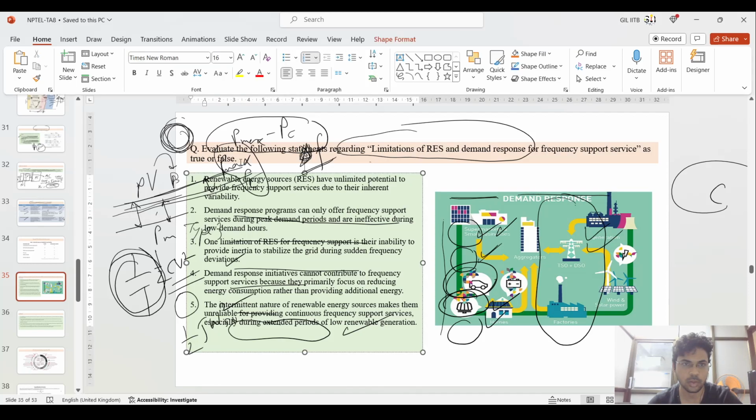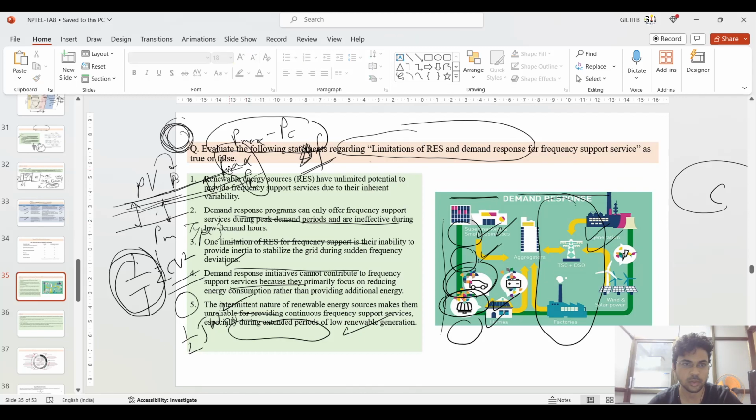So this is the one question. I request everyone to solve it. Try it. Let me remove this. Actually, the pen marks are overlaid on the question. Yeah, I don't know what is happening. It is happening to all the slides.